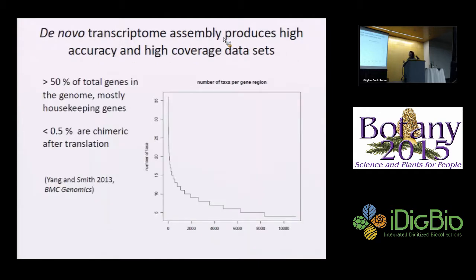However, our benchmark analysis using 1KP data shows that with a typical 1KP data set, we can assemble 50% of total genes in the genome with a low level of chimeric sequences. So our phylogenomic data set should be something like this, with housekeeping genes and some genes that only express in certain tissue types at certain times.